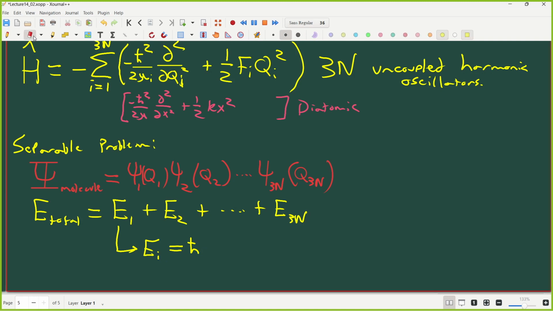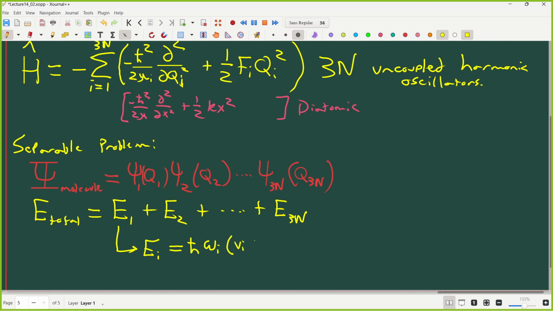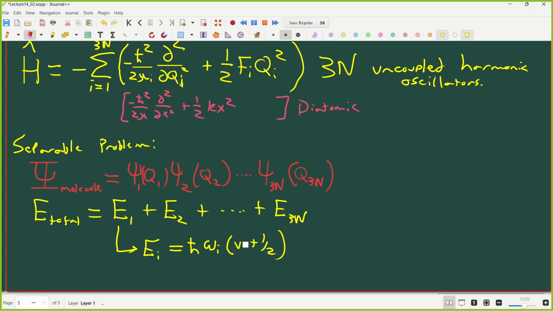All right, let me write it like this instead. h bar omega sub i. There's one for each one, and each one has its own vibrational quantum number, p sub i. Like so.